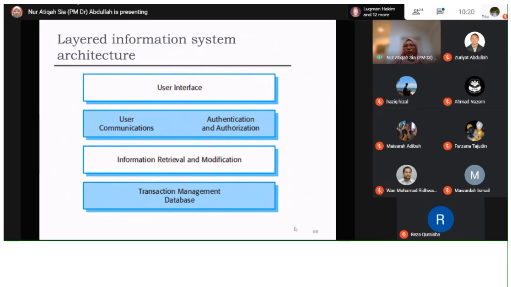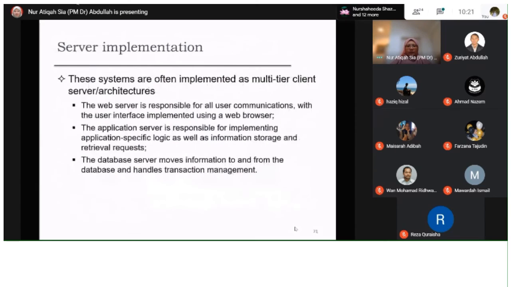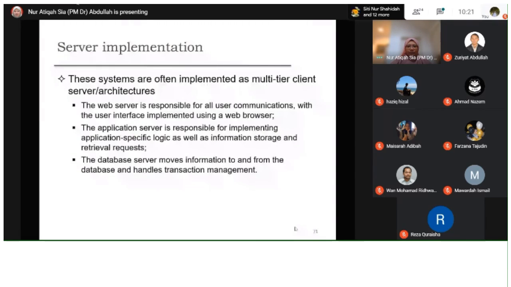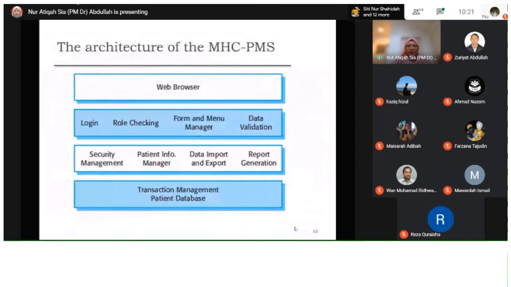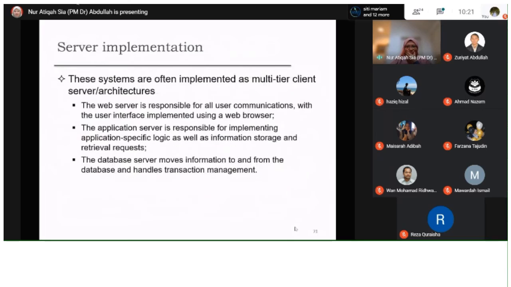Cuma dalam contoh ni dia gunakan layered pattern. Okay, meaning how to apply the pattern to the system lah. Ini adalah client server.